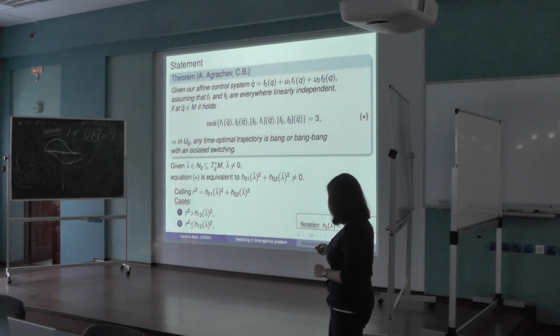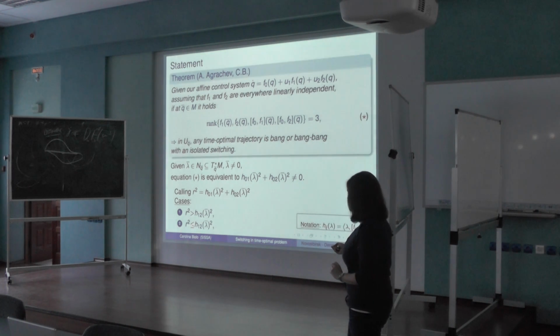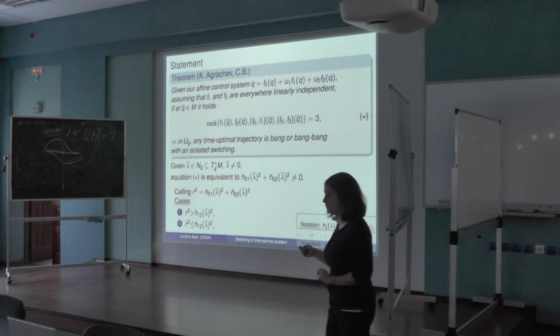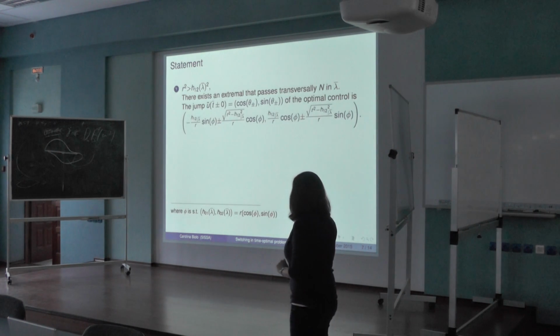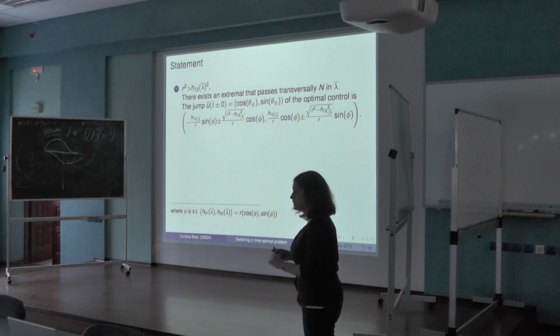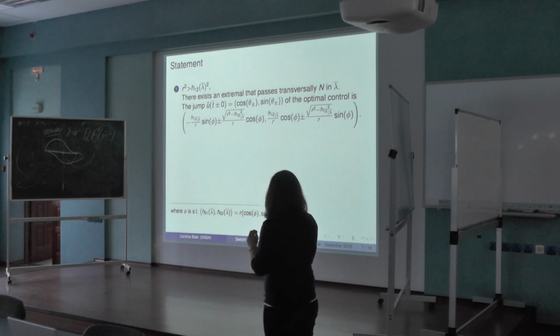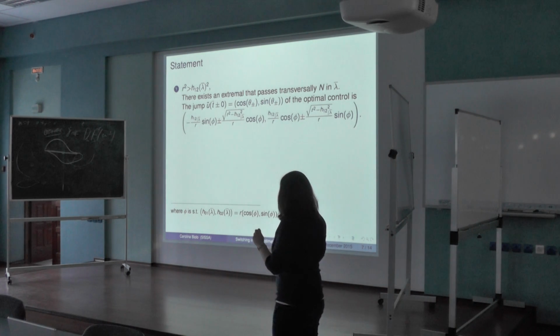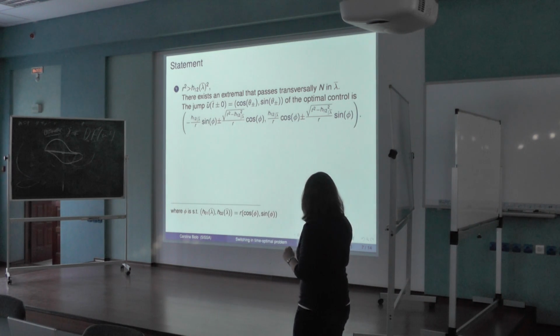So we have two cases in which R square is strictly greater than H12 lambda bar square, or it is less or equal. And what we have seen is that if it is strictly greater, then this is the case in which we can have a switching, in which we can have an extremum that passes transversely to the singular point, to the singular locus.